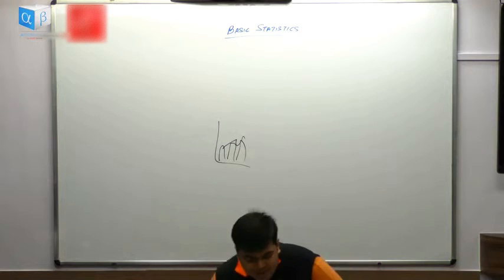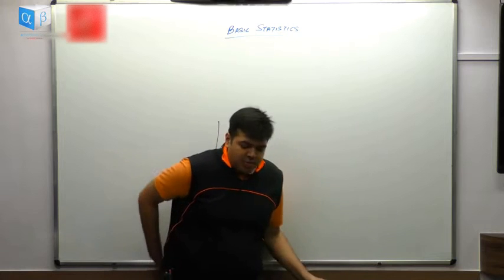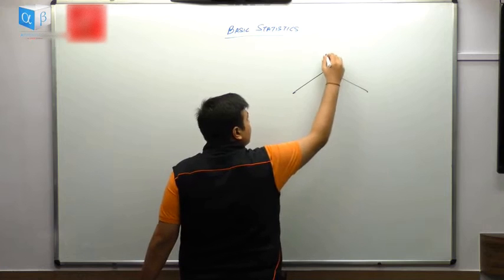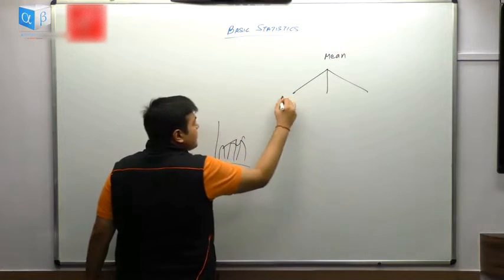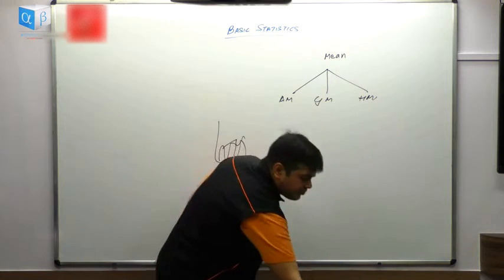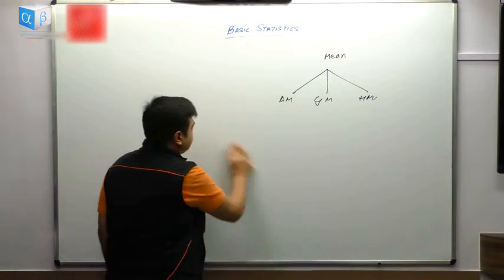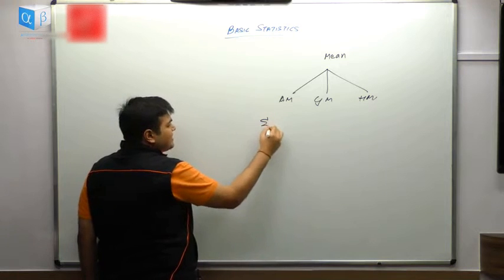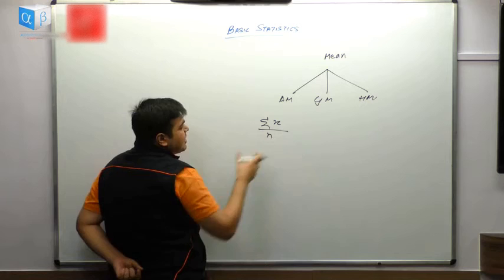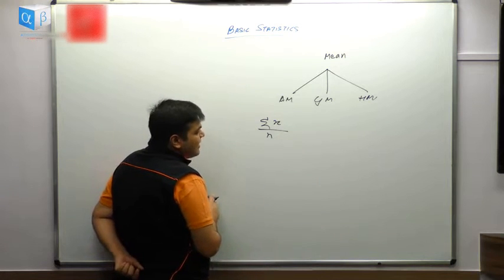Now when you're looking at mean, we need to discuss the arithmetic mean, geometric mean and harmonic mean over here. Formulas are very simple. Arithmetic mean is what you actually know, your basic average, that is you're summing up all the observations divided by n.